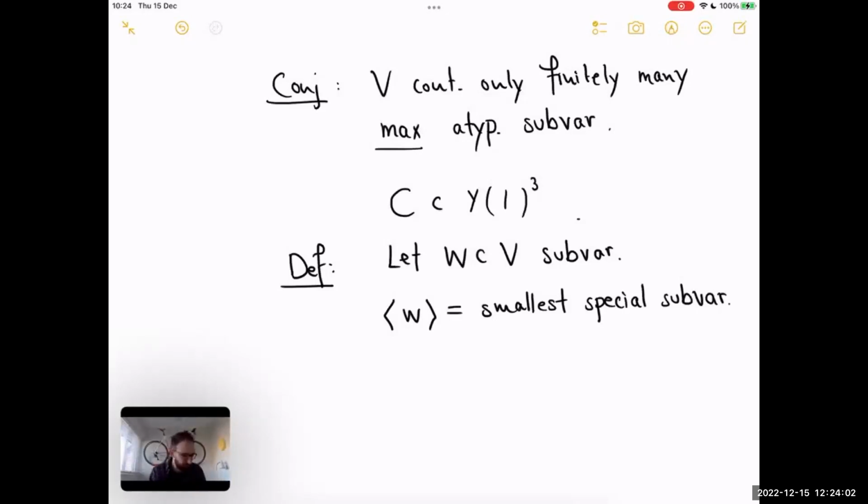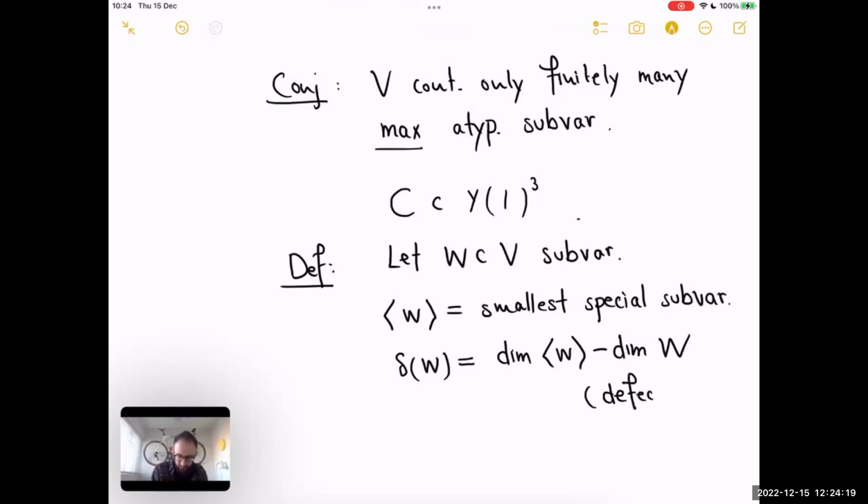So this is a well-defined object. There's the number delta of W, which is the codimension of W in its so-called special closure. That's sometimes called the defect of W.